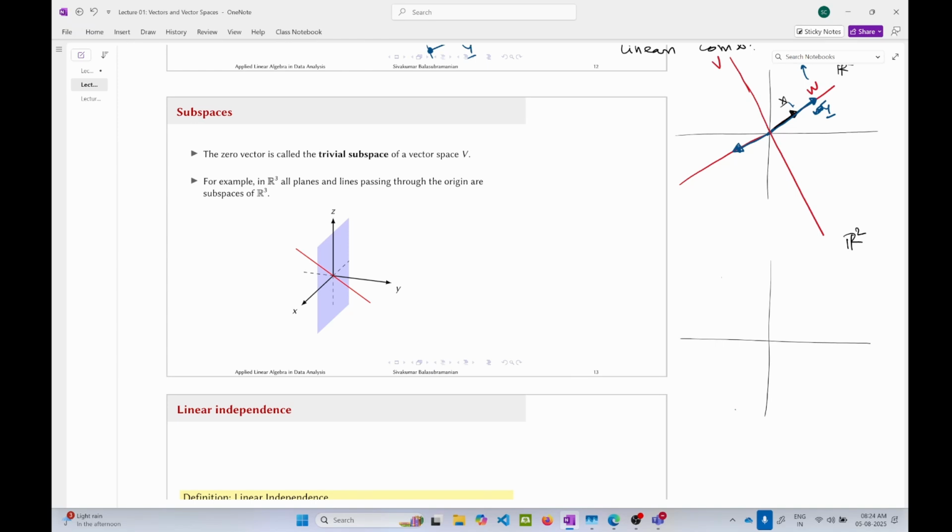But if I had something like this, where this is x1, this is x2, this is essentially x2 equals x1 square, a parabola. Is V now a subspace of R2?